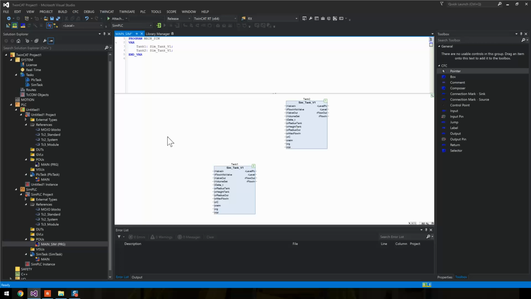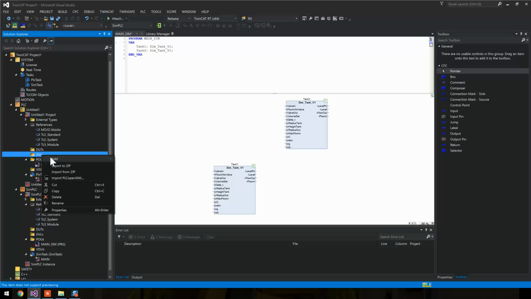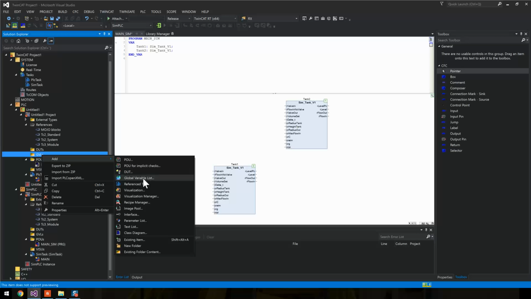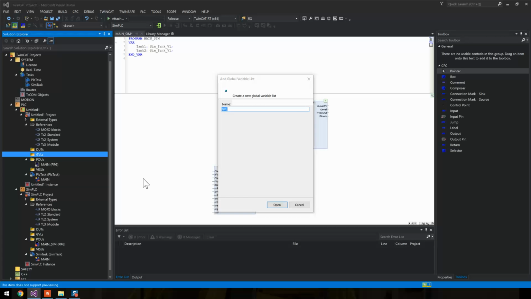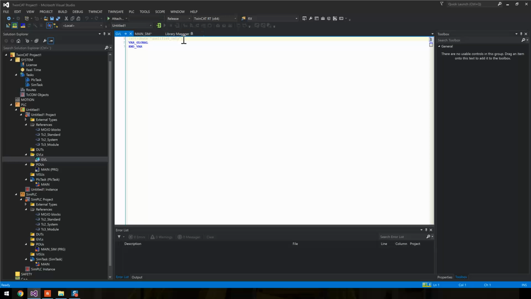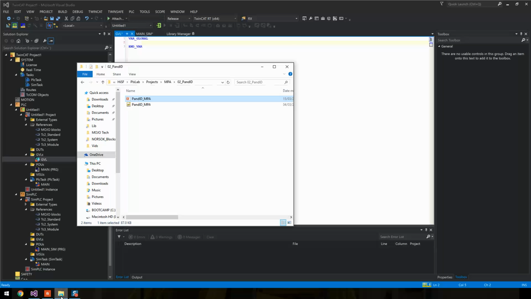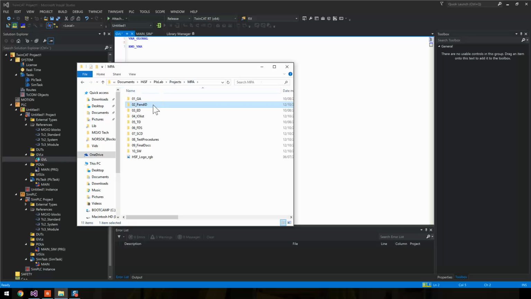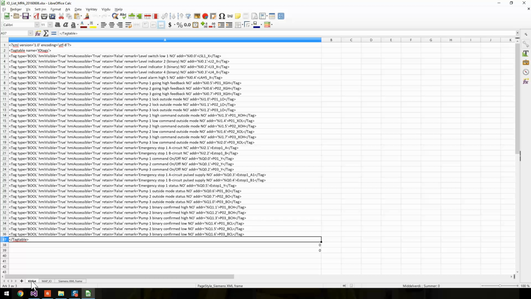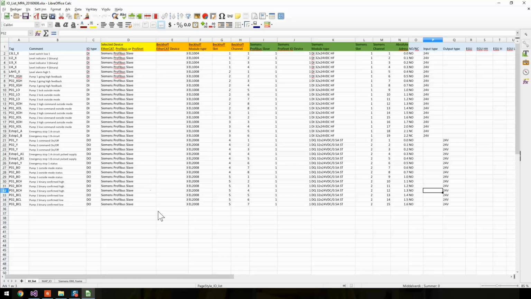We'll be needing an I/O list for the I/Os that we'll be simulating. Let's remove this. So let's see if we can find one already made. This one should do.